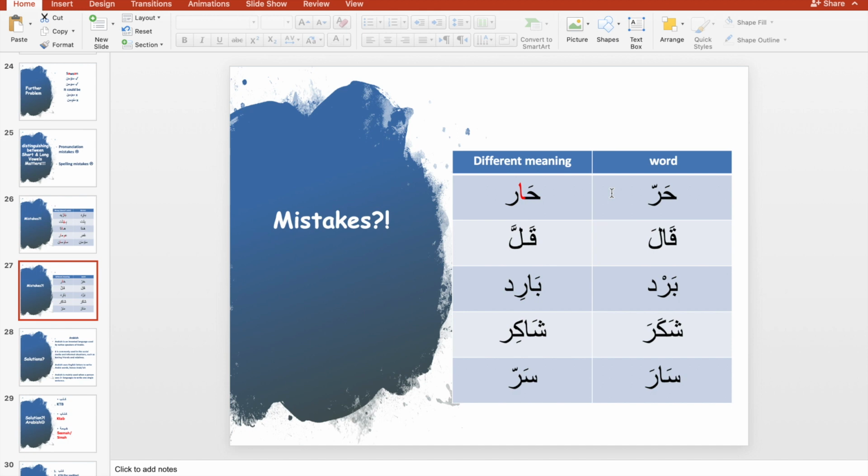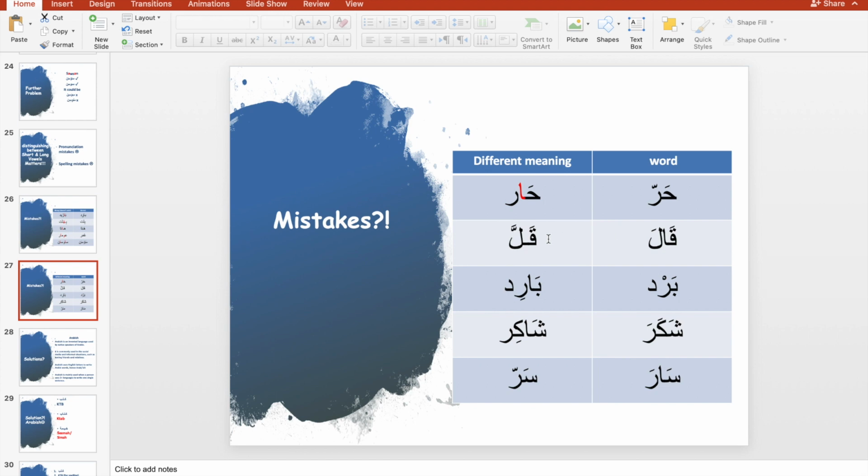Another source of mistakes is when a learner replaces a long vowel with a short vowel, or the other way round. So they would produce a word with a different meaning. Here are examples. Har, har, hotness. Har, har, hot. Qala, qala, to say.